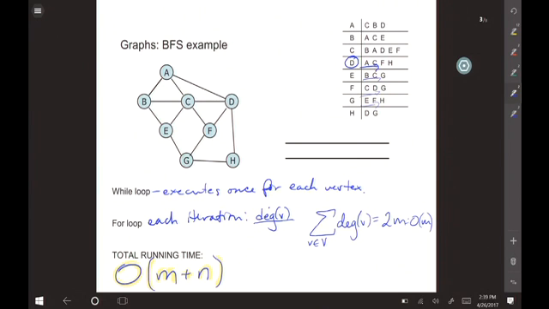This means M or N, whichever is larger. And in this case, for a general graph, you don't know which one is larger, right? You don't know whether you have more edges or more vertices. M can go everywhere from 0 up to n squared, right? So we're going to leave it like this because it's more precise than anything else we could give, okay?